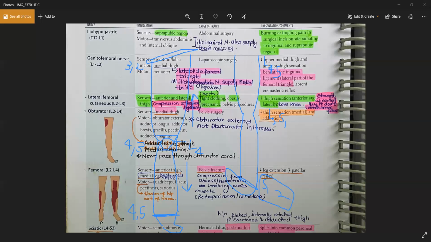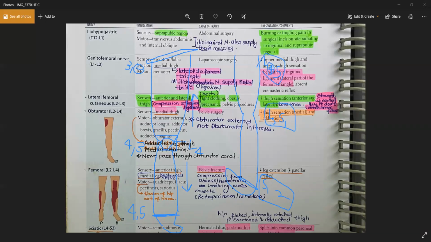If I ask you what nerve roots are involved in the knee flexion, these are the L5 and S1. And what nerve roots are involved in the extension of my hip? These are the L4 and L5. So remember, from L2 you have the anterior part, and from L4 you have the posterior part, and then you just need to add one number ahead: 4, 5, 5, 1, and 1, 2.